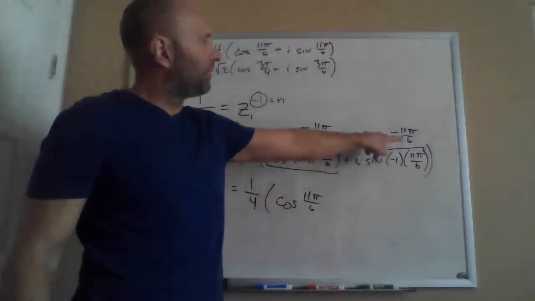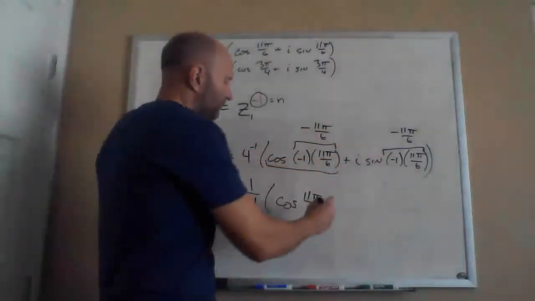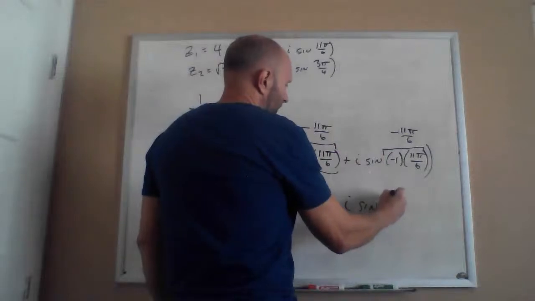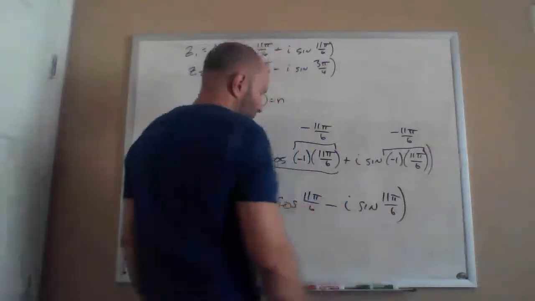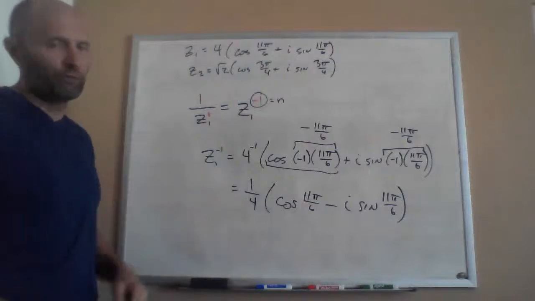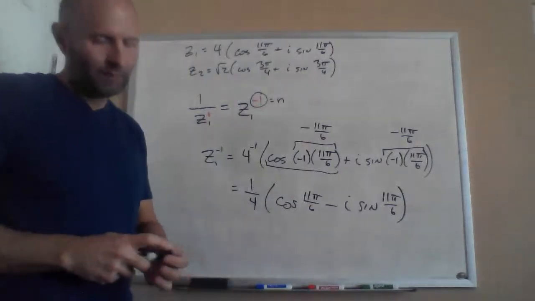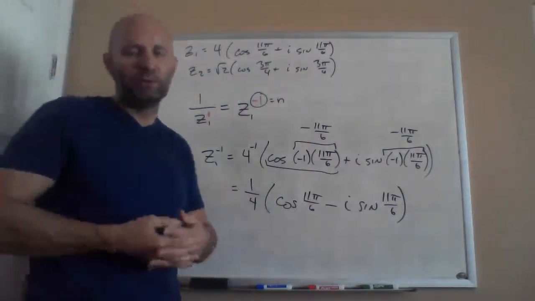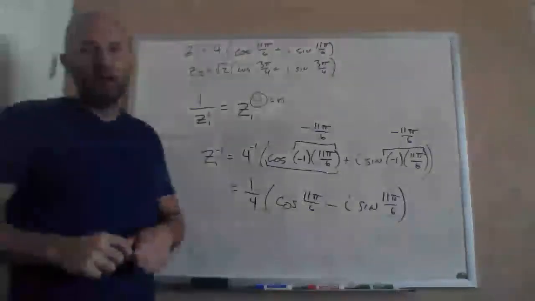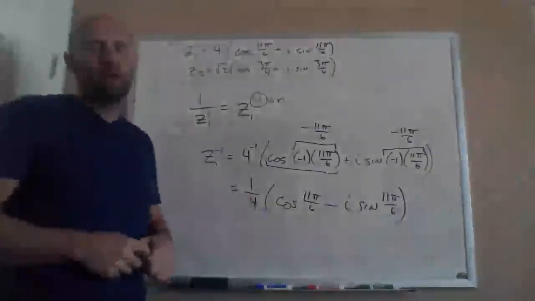What happens with odd functions? The negative sign comes in front. So minus i sine of 11 pi over 6. So that would be your answer for 1 over Z1. Again, using De Moivre's theorem, it's a little bit easier. We just have that negative 1, then do your even odd functions.